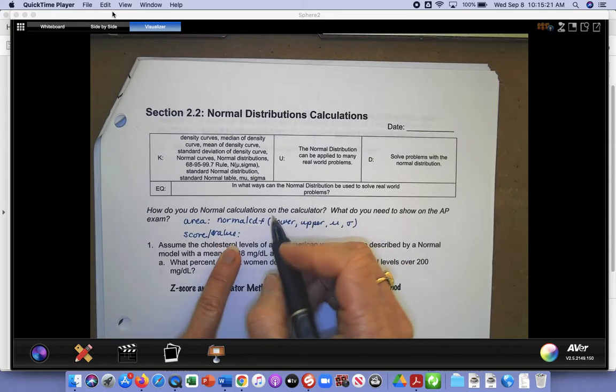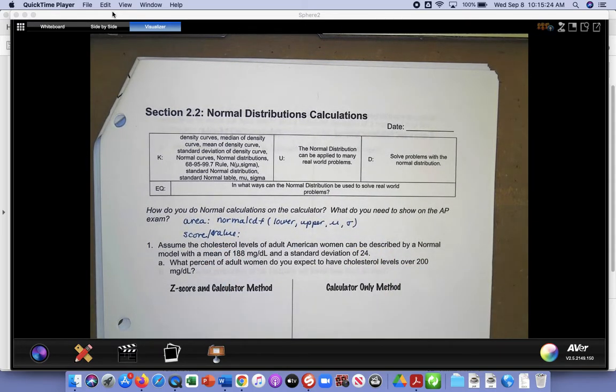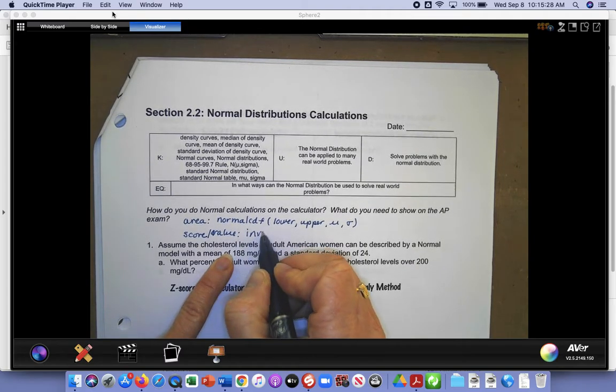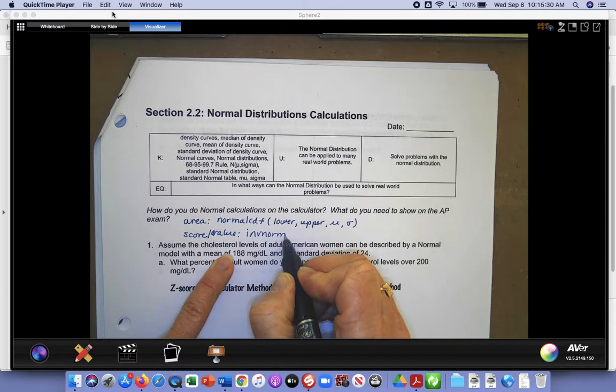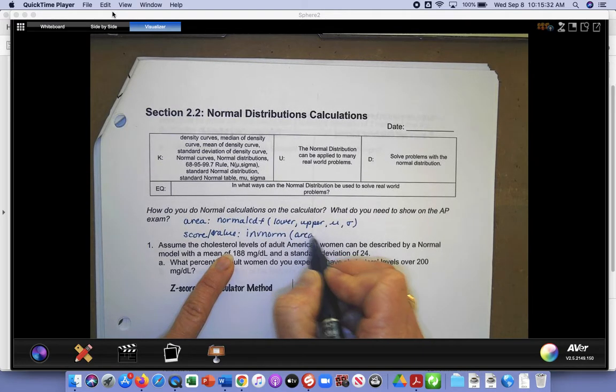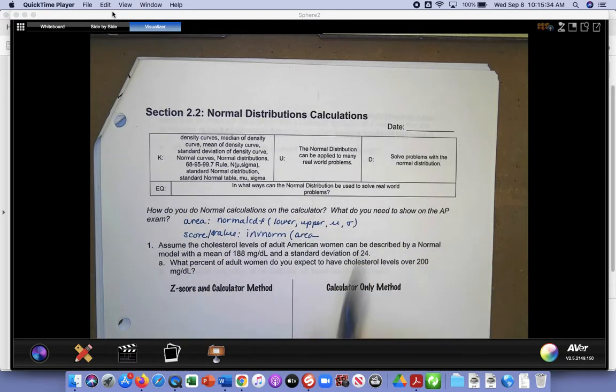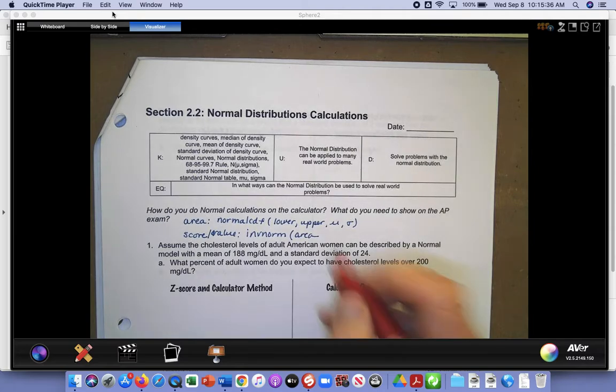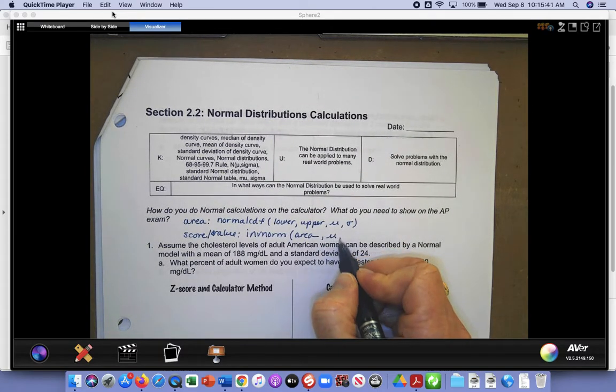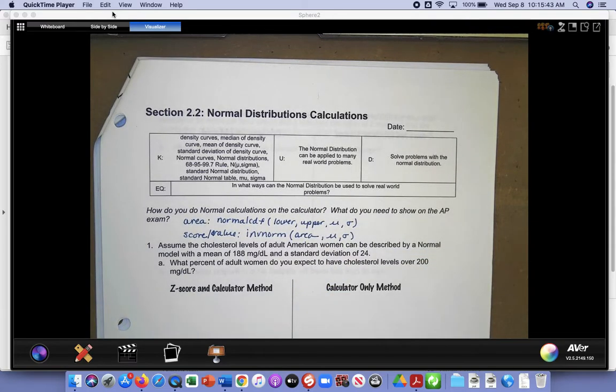The score value, so if you want the z-score or you want the value that's on the x-axis, that command is inverse norm. It'll ask you for the area. We're going to just always say it's the area to the left. On these newer calculators, it doesn't have to be the area to the left, but if you have an older one at home, it needs to be the area to the left. So it's the area, comma, the mean, comma, the standard deviation.